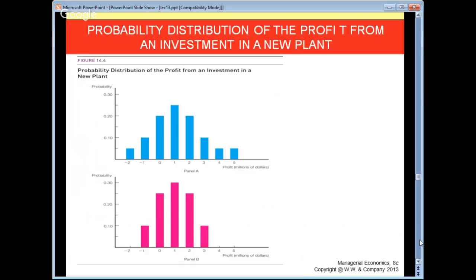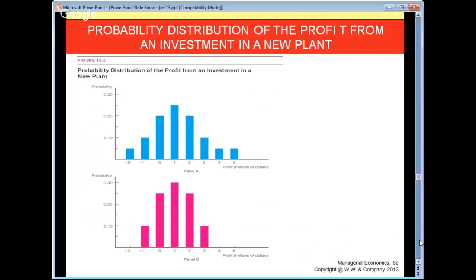Okay, here I have two projects, panel A and panel B, and the profits and the distribution. So panel A, there's a 5% chance of losing 2 million, a 10% chance of losing 1 million, a 20% chance of zero profits, 25% chance of 1 million, a 20% chance of 2 million, a 10% chance of 3 million, and a 5% chance of 4 million, and 5% chance of 5 million.